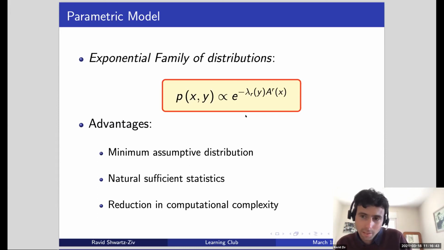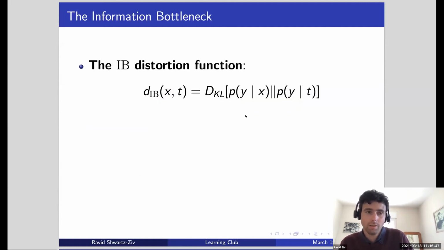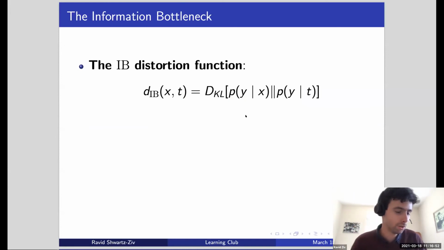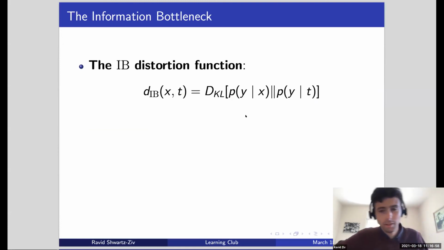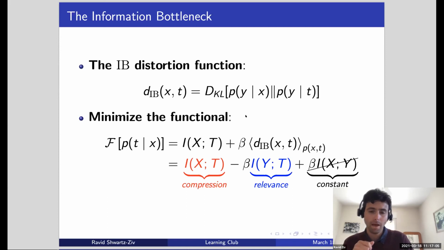So let's see how the original IB tries to deal with this. The IB distortion function is the DKL between our data, y given x, and y given t, which is our model. We want to minimize this functional.